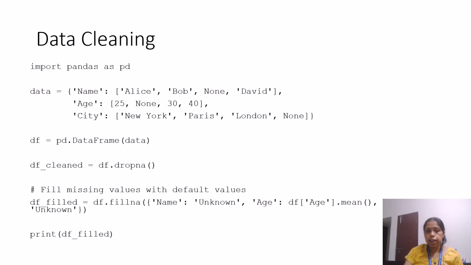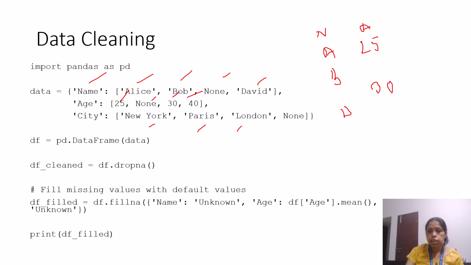Now, how can you do data cleaning? Suppose you have created a data set. Under name you have Alice, Bob, none. This is one value, none, so this is blank. The third row is blank, then David. Under age you have 25, none, 30, 40.